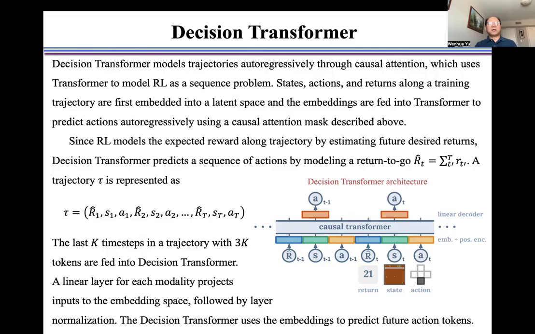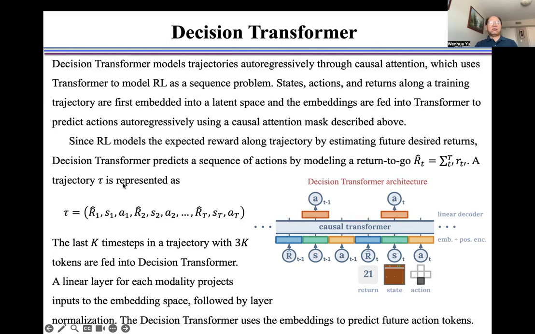Since reinforcement learning models the expected reward along a trajectory by estimating future desired return, decision transformer predicts a sequence of actions by modeling a return to go.